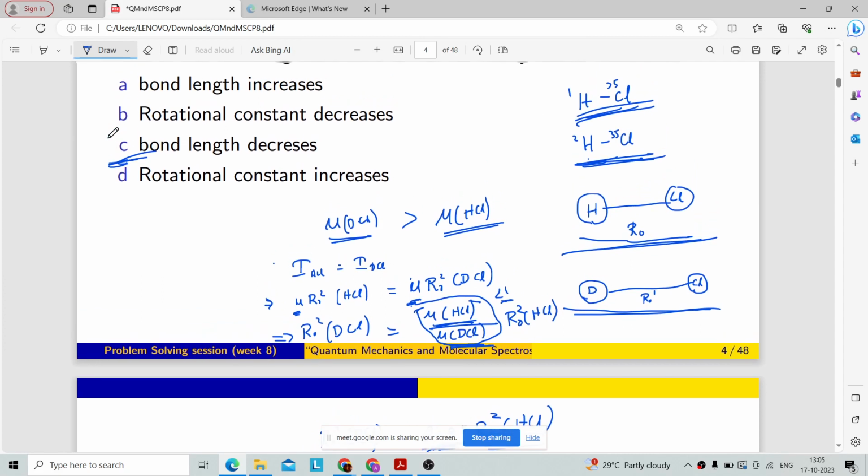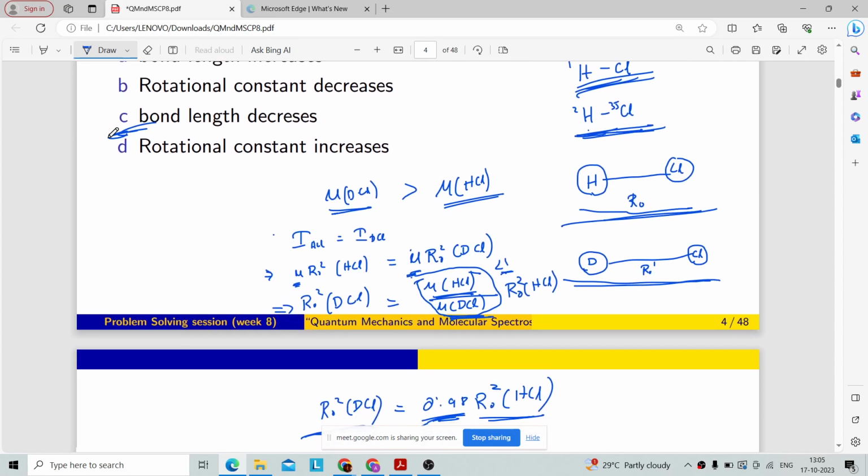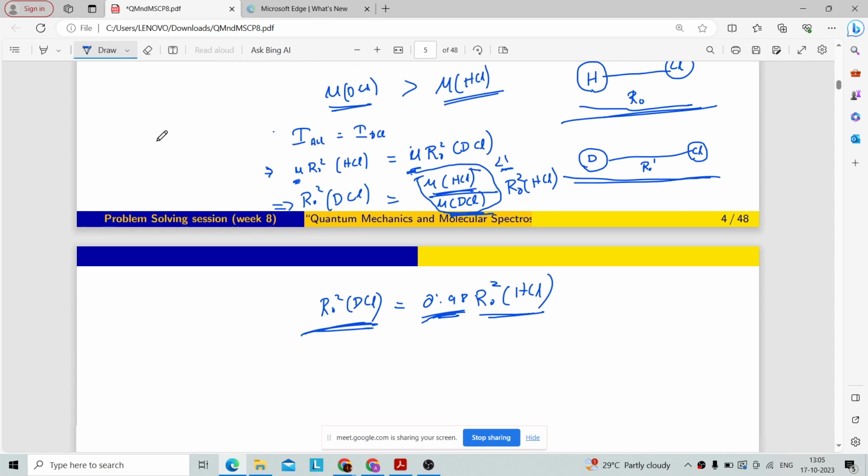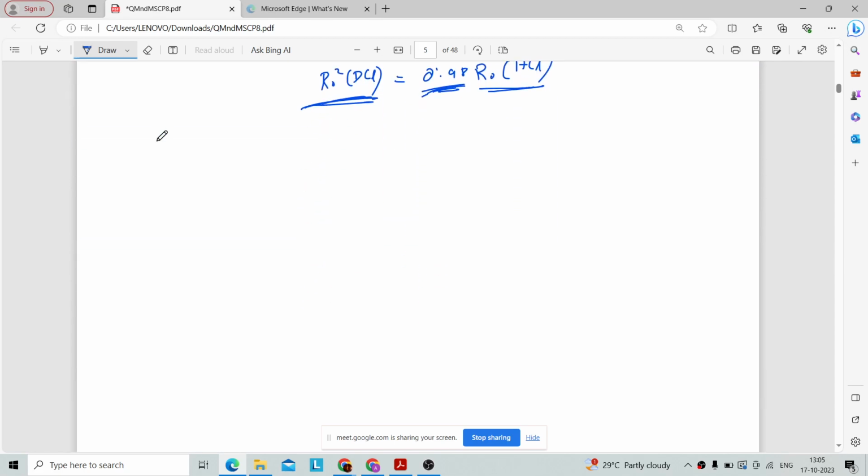Okay, now what about the rotational constant? So in the last question, we saw that K is directly proportional to mu.